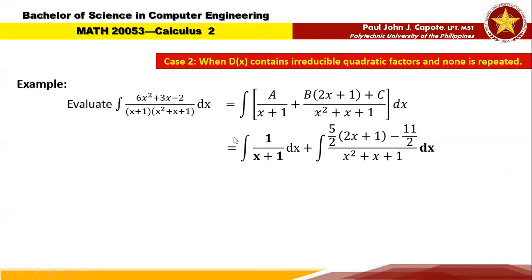And so we have the integral of 1 over x plus 1 dx, where 1 is the value of A, plus the integral of 5/2, which is the value of B, times the quantity 2x plus 1, plus the value of the constant C is -11/2, all over x squared plus x plus 1 dx.